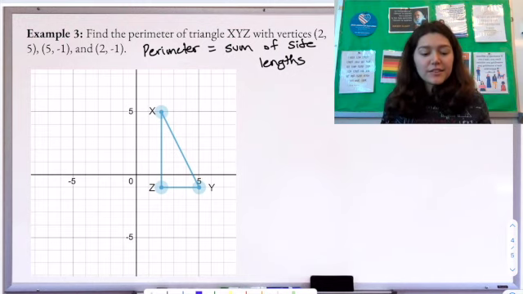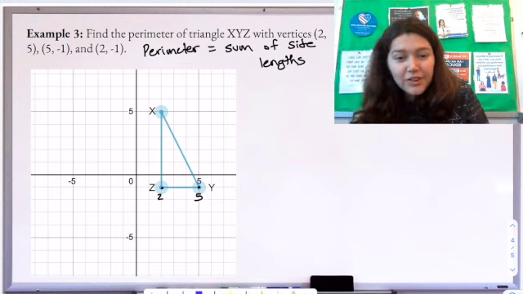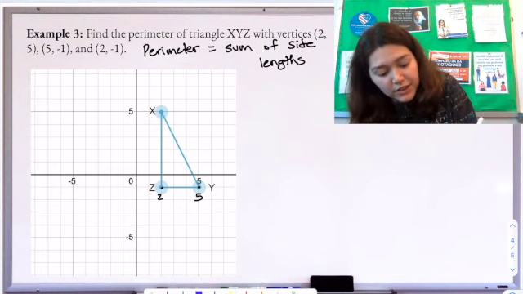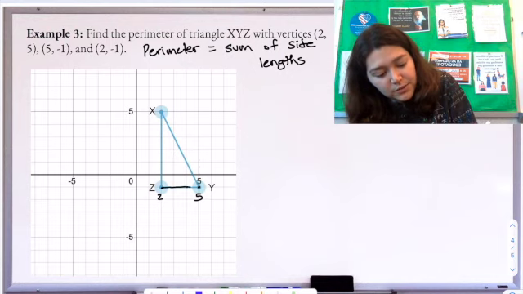Okay, so first let's find the side lengths that we can just see immediately on my triangle. So for the side length from Z to Y, I'm going from an x value of 2 to an x value of 5. To find distance, I can subtract 5 minus 2, which is 3. Or I could count the units, 1, 2, 3.